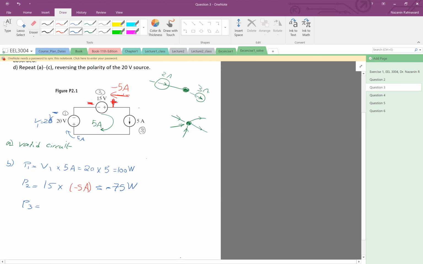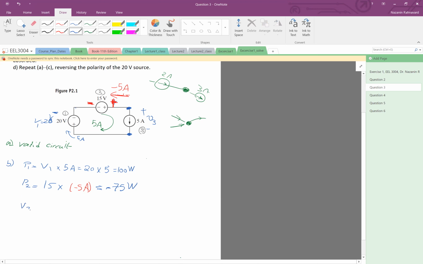Now element 3. Let's say I put plus and minus V3 and then the current. But what is V3? How much is V3? We have to look at the voltages, like the voltage of this point minus that point.